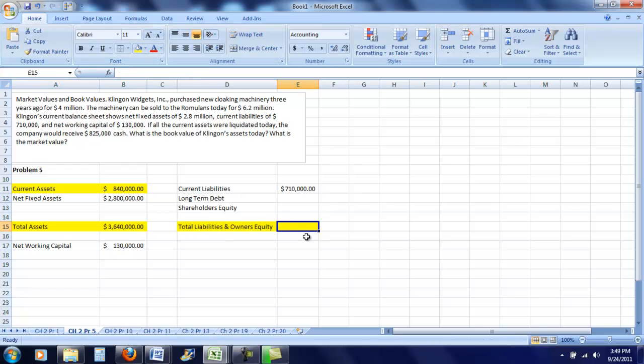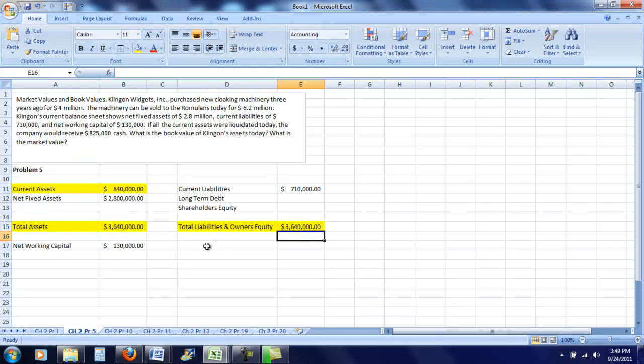Now, once I have total assets, like in the problem before, I know that total liabilities and owner's equity equal total assets, right? So, the question becomes, how do I figure out book value of assets and market value? So, book value.